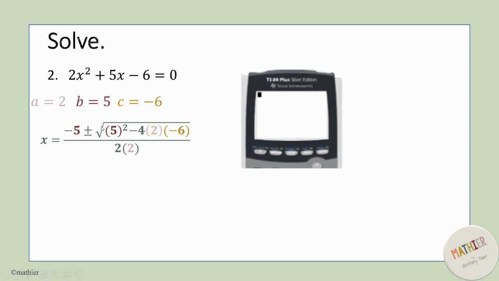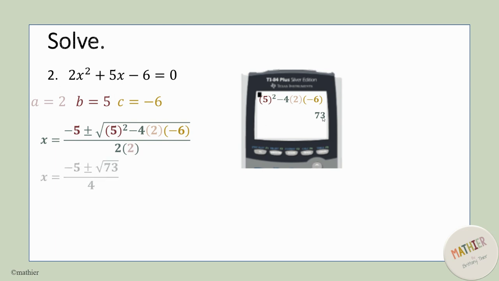So I like to use my calculator and I type in all of the b squared minus 4ac all at once. And please do put parentheses around b, especially if you're substituting in a negative number for b. Otherwise, you're not going to get the correct answer from your calculator. So after I type that in and press enter, the calculator gives me 73.